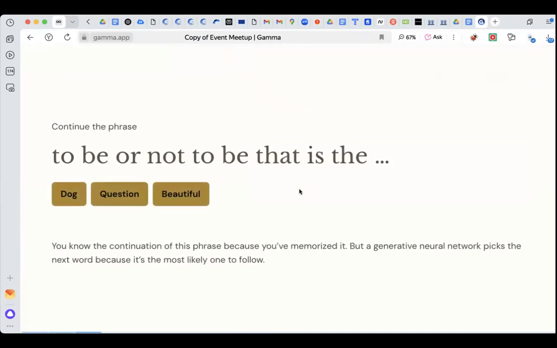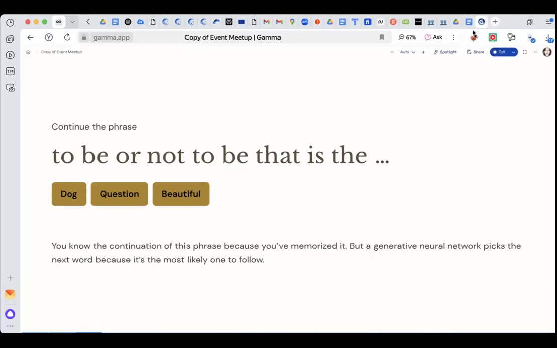So we will speak today about how AI works, and we will try to find some interesting advanced techniques here. If you try to continue the phrase "to be or not to be, that is the...", what will you choose? Of course, you will choose the word question, but you choose it because you remember this phrase written by Shakespeare, and you have memorized it.